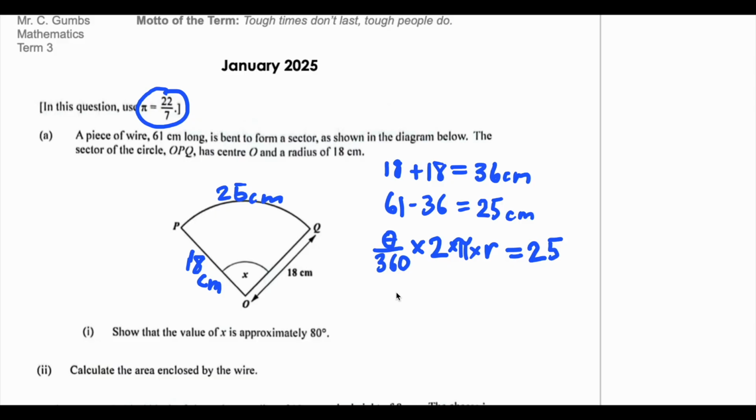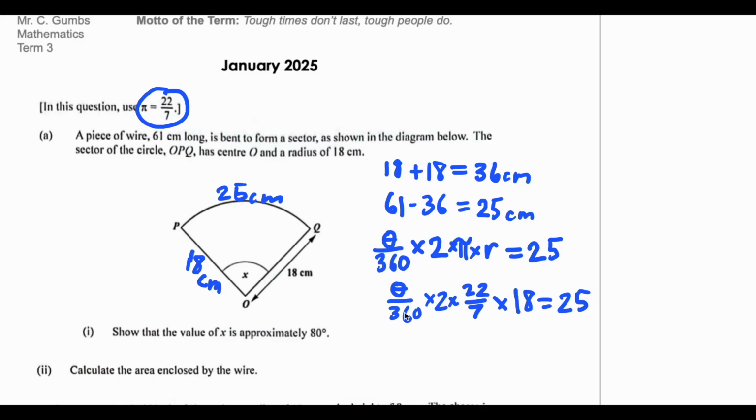We have theta over 360 times 2 times pi, which is 22 over 7, times the radius, which is 18, and that is equal to 25.